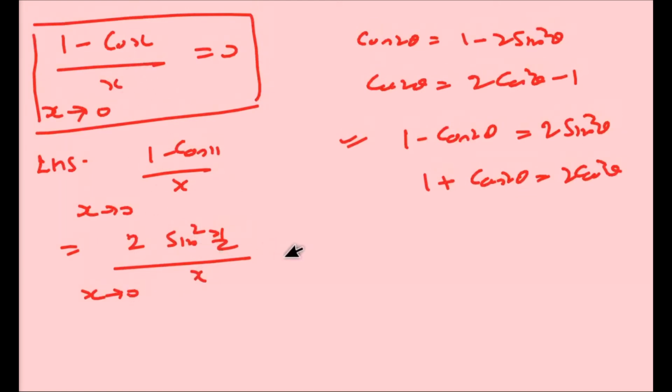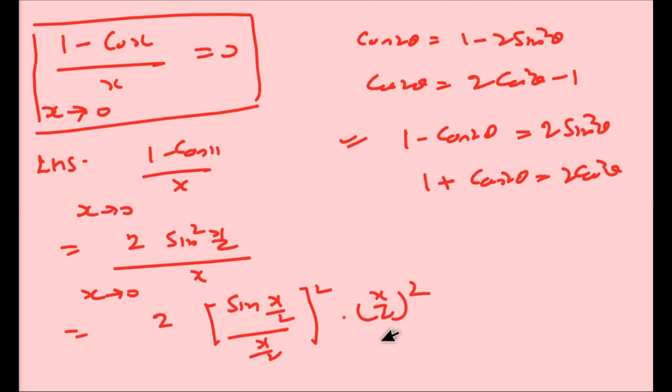Now for this we will use the formula in this way. Now we can say here 2 is common and we can write sine x by 2 upon x by 2, whole square. So we have multiplied by x by 2, so we can write x by 2 square and we can write this x.